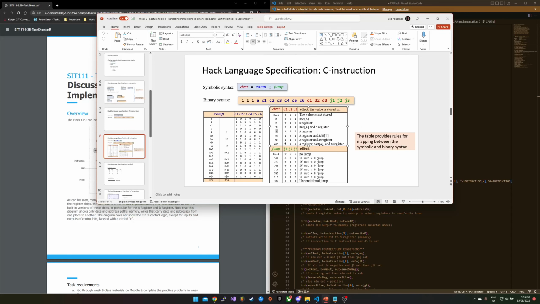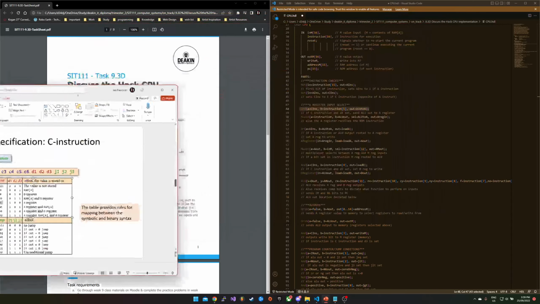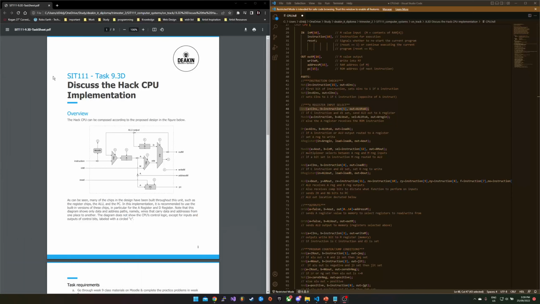As we can see, every time a 1 is in D1, A is there as a destination. And that's just checking if those 2 conditions are met, and if so, then the ALU output is routed into the A register.